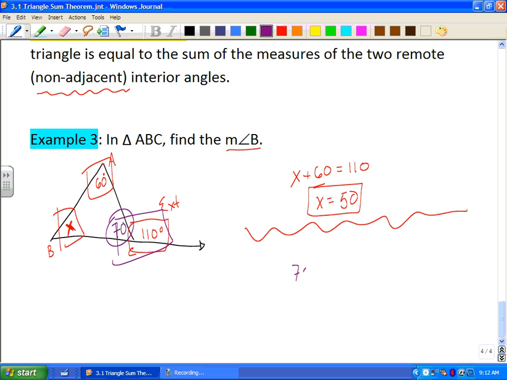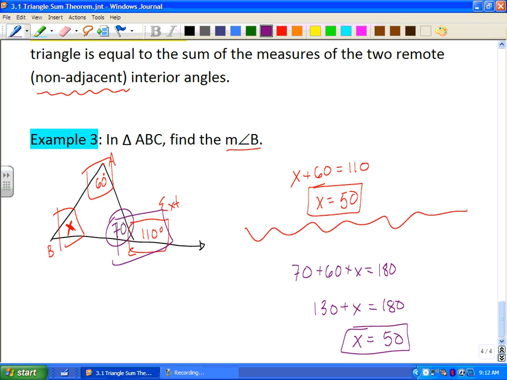So I could say 70 plus 60 plus X equals 180. 70 and 60, sorry, give me 130, plus X equals 180, X would equal 50. Of course, X being angle B.